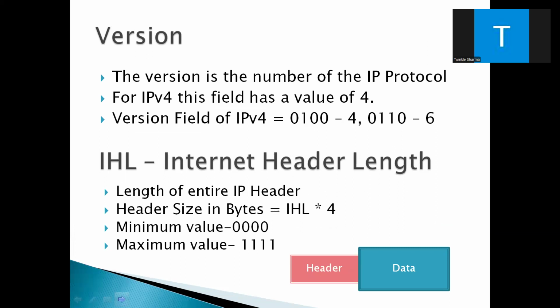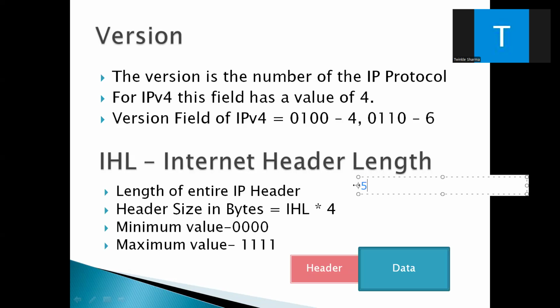Then we have the topic IHL, Internet Header Length. It is the length of the entire IP header. The value of the IHL field must be multiplied by 4 to get the length of our header in bytes. For example, let's take 5. 5 means that the header length is 20.